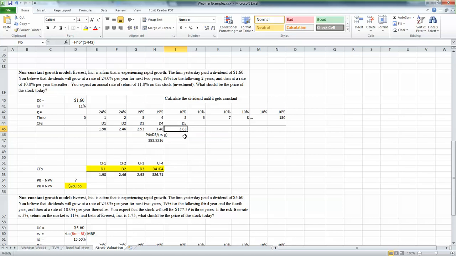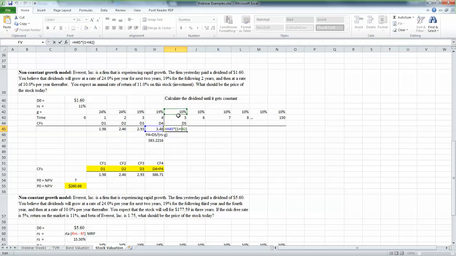So what I'm doing here is D0 times 1 plus 24% is D1, and I multiply my D1 by 1 plus 24%, I get D2. I multiply D2 by 1 plus 19%, I get D3. I do the same thing for the fourth dividend, and now for the fifth dividend I multiply by 1 plus 10%.